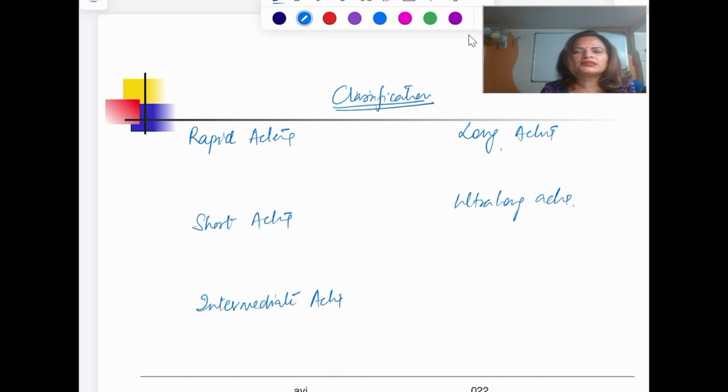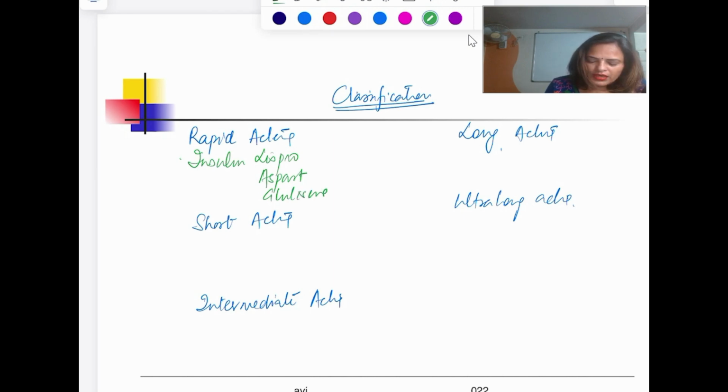You can combine ultra long acting and long acting. So what all do we have with the rapid acting? With the rapid acting, we have insulin Lispro, Aspart and glulisine.